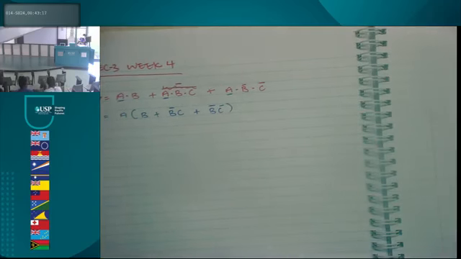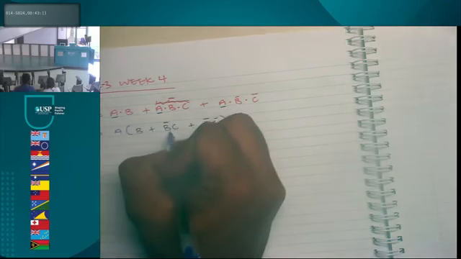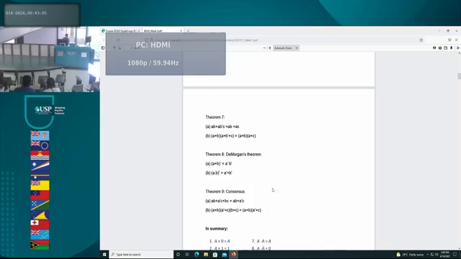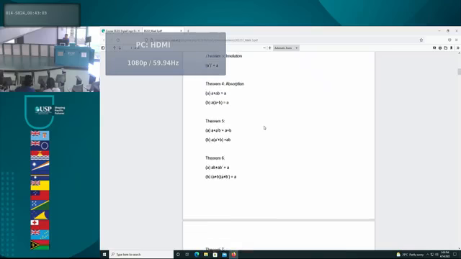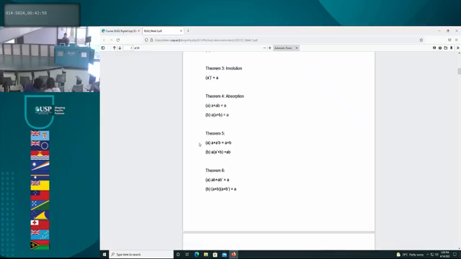Right? Now we can see B or B inverted C, right? This is theorem 5, I think. Oh, there you go. Right?